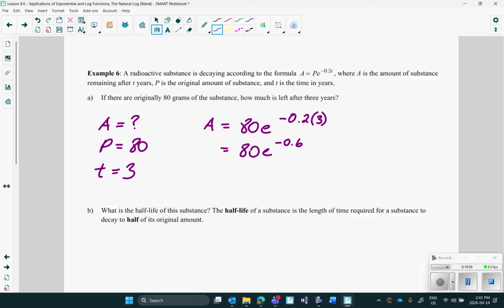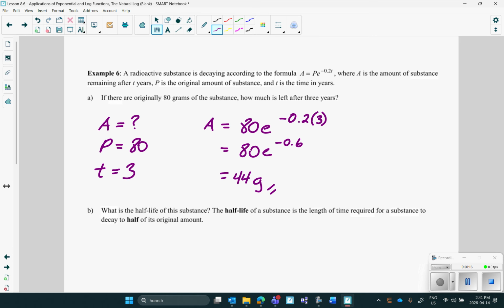What do you get? 44. 44 grams. Good. Okay. So that's where you just plug in the calculator.